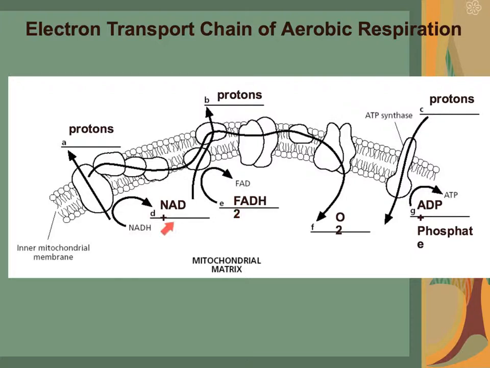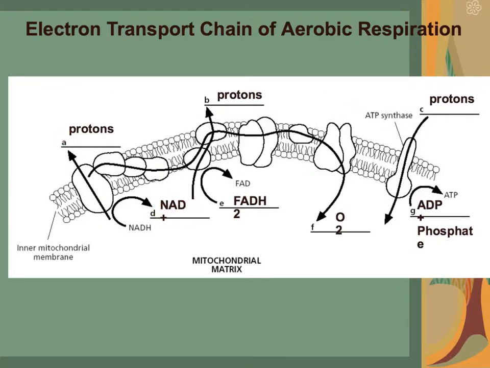So the electrons are then dropped off, and they're dropped off with a supply of energy, and that energy is needed to pump the hydrogens across from the matrix area to the inner membrane space of the mitochondria. And it's this pumping of these hydrogens, also called protons, that is known as chemiosmosis.